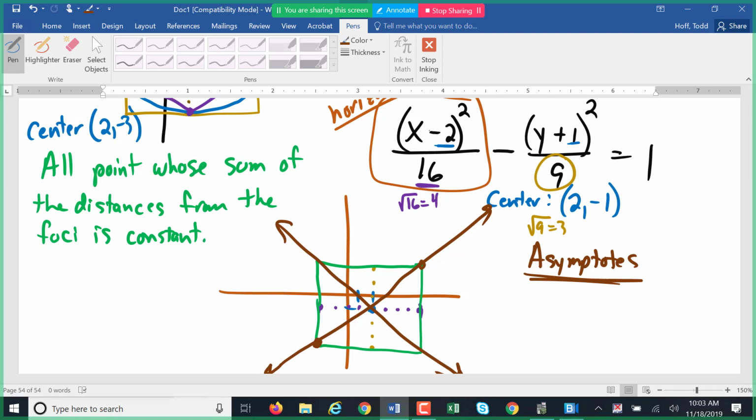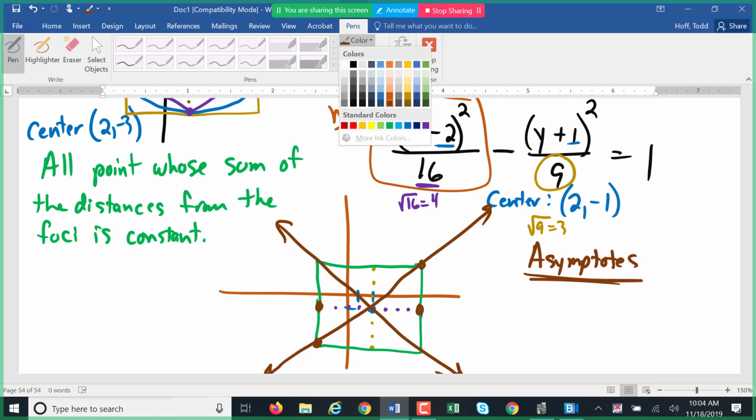Next, we need to find our foci. The vertex, since we know this is going to be horizontal, touches that box on the left and right side. So it's still tangent, just only on 2 sides. At this point, we could draw in our hyperbola if we wanted to.